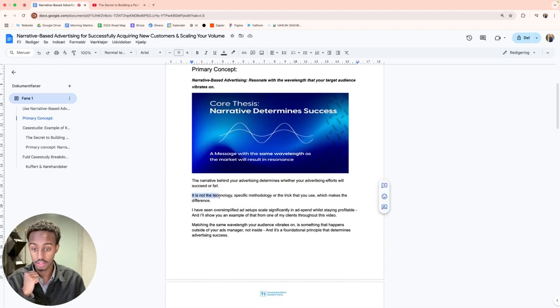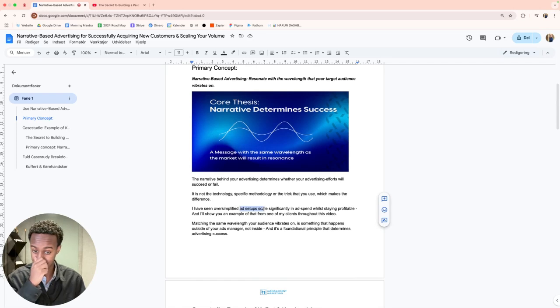It's not the specific technology, it's not the specific methodology or trick inside of the ads manager that you use which makes the difference, because I have seen extremely oversimplified ad setups scale significantly in ad spend whilst remaining profitable.